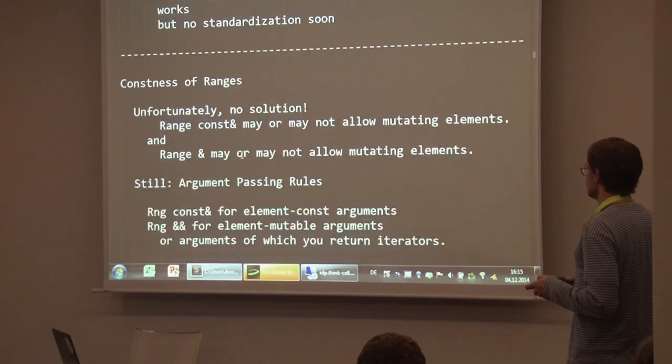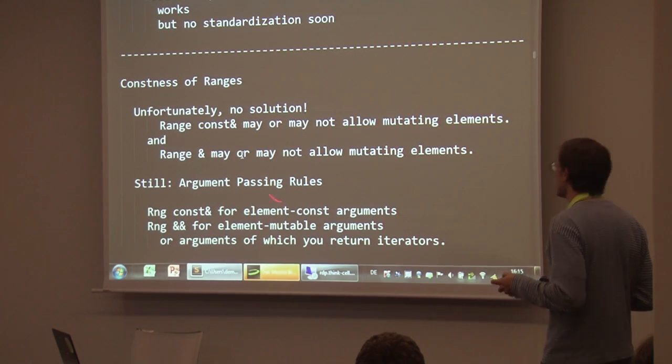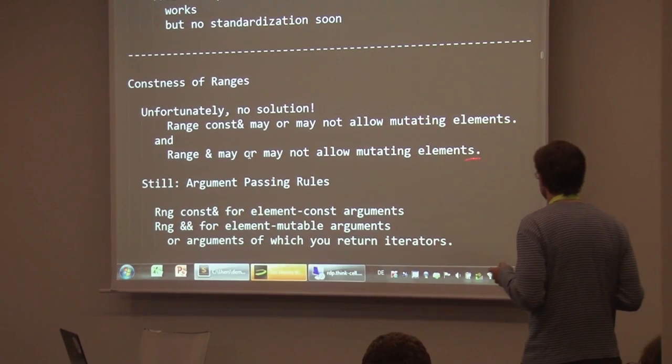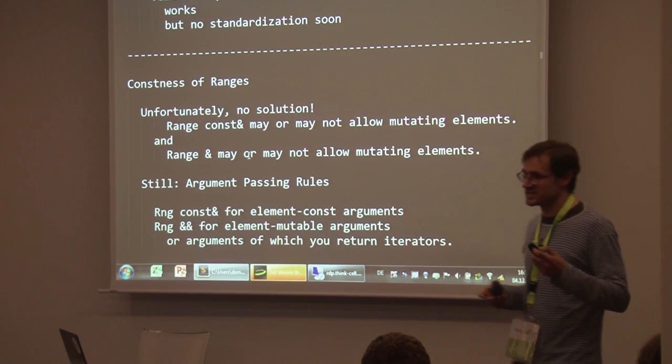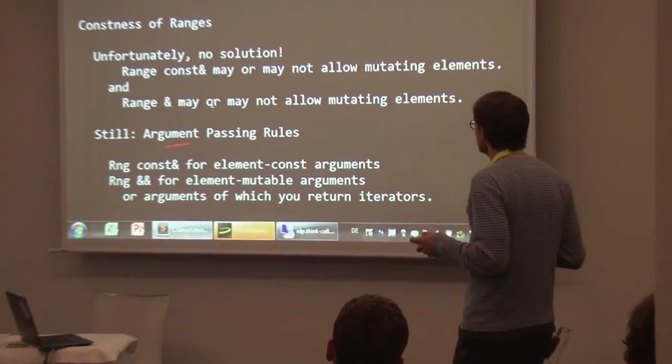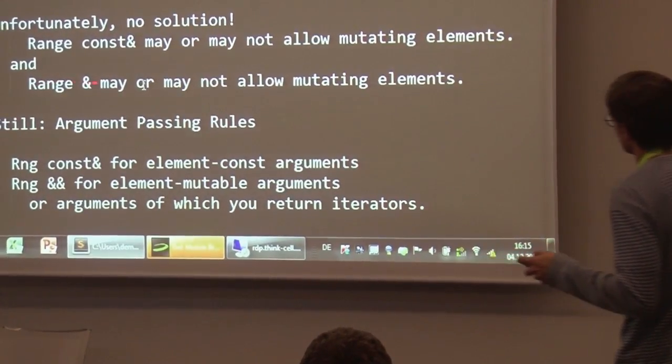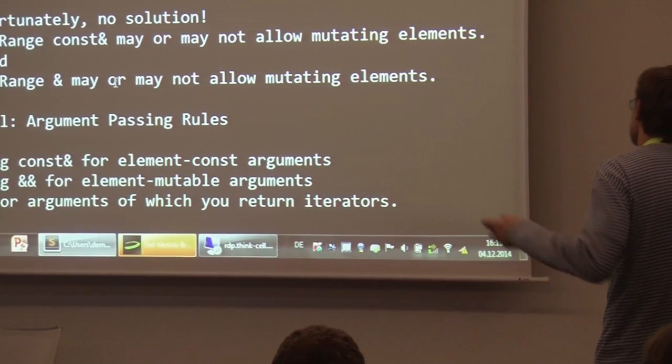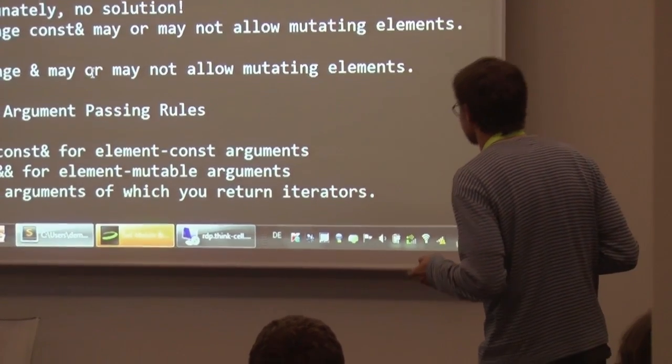Okay, there's no solution. Range const reference may or may not allow mutating elements. And the range ref may or may not allow mutating elements, because if you're plugging in const iterators into your iterator range, no matter what you're going to do with the iterator range, you're not going to be able to change the elements. So either if you're having a range ref or a const ref, you may or may not be able to mutate some elements.